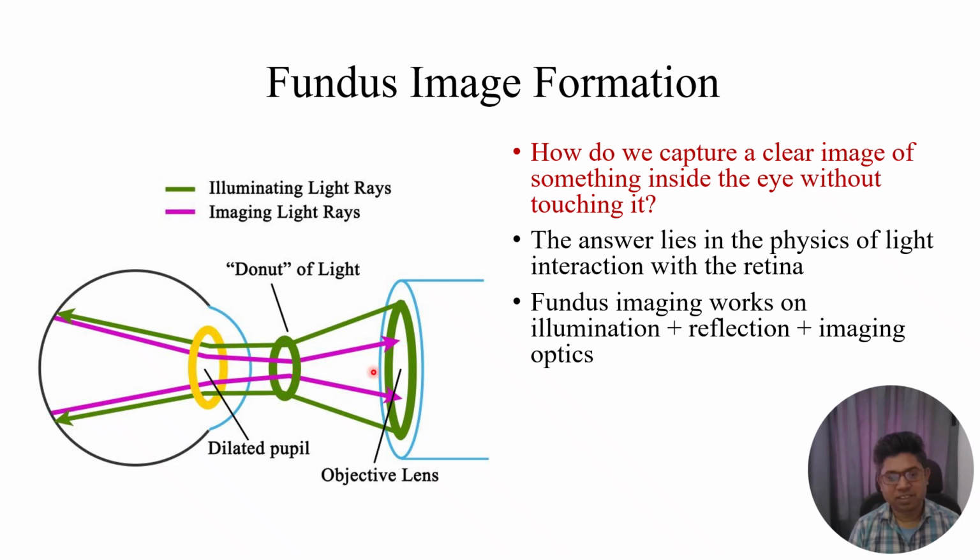If you see this diagram, there are illuminating light rays, depicted by these green rays, and then the imaging light rays which are reflected back from the retina to form the fundus image, which are depicted by these pink light rays.